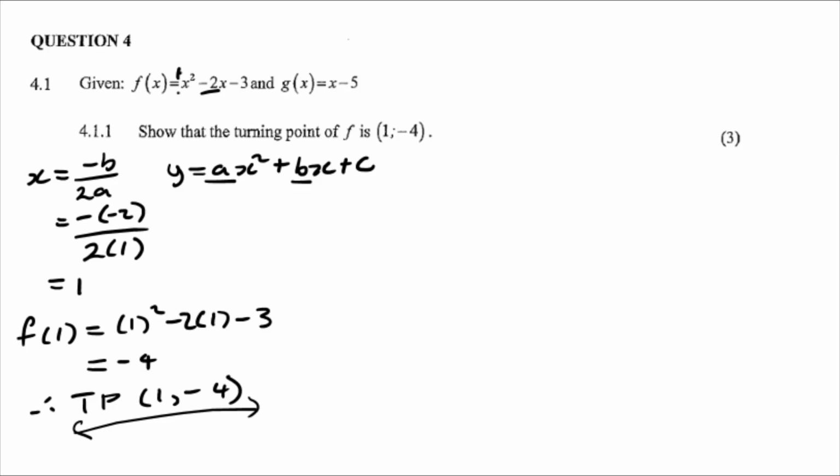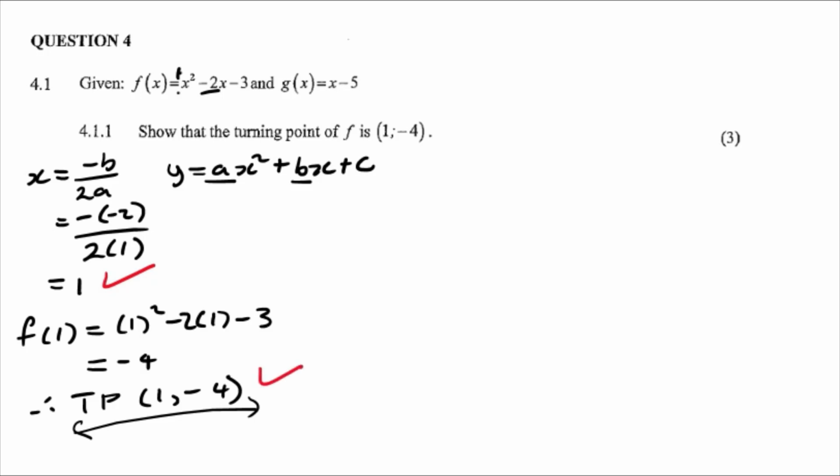And now what we need to do is we get a mark for substituting into the axis of symmetry. Yes, that is a mark over here, and you get a mark also for getting the y value, right? So you get a mark over here for finding the turning point.